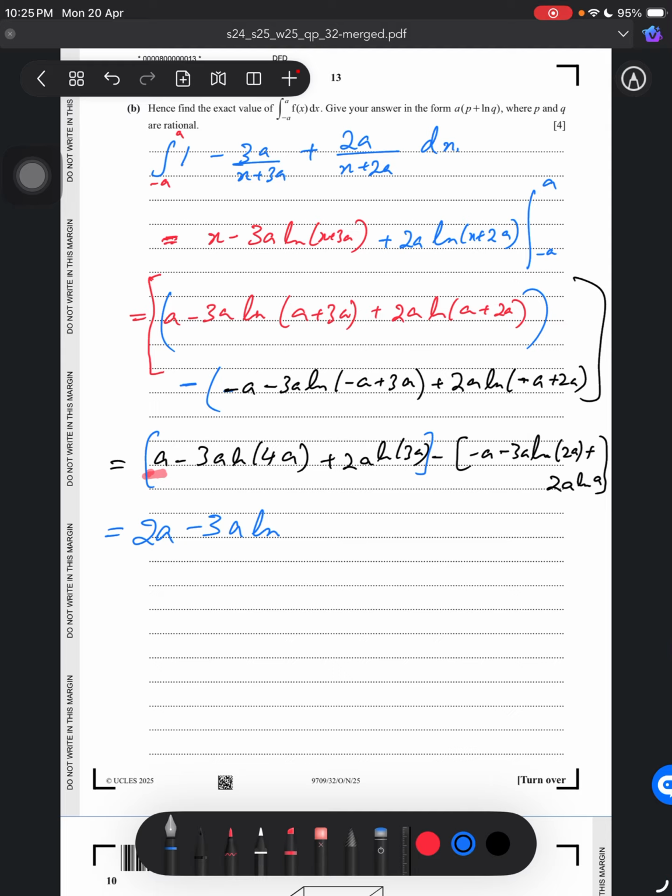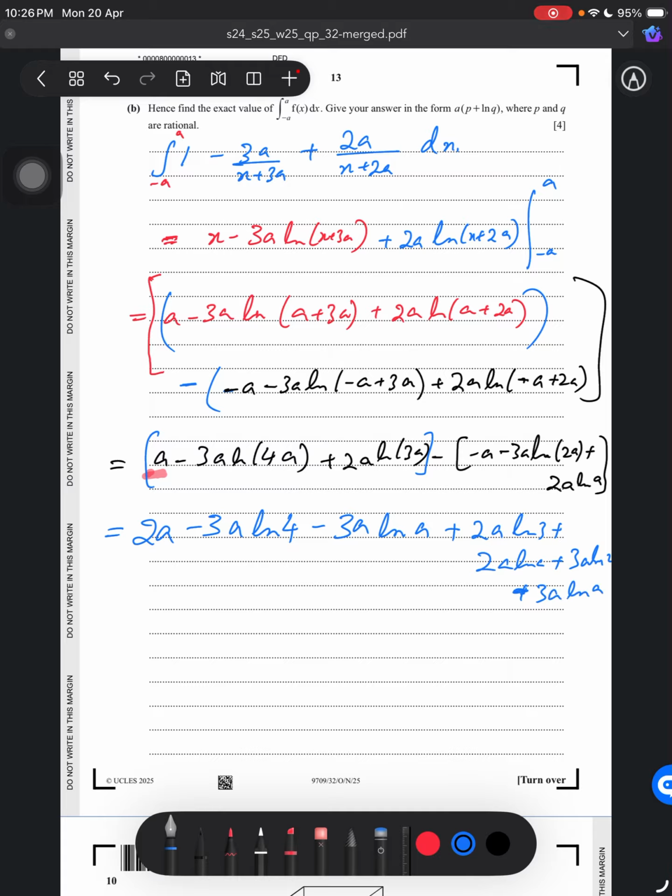So ln just 4 minus 3a ln a plus 2 ln 3 plus a plus 3a ln 2, and the last is plus 3a ln a.